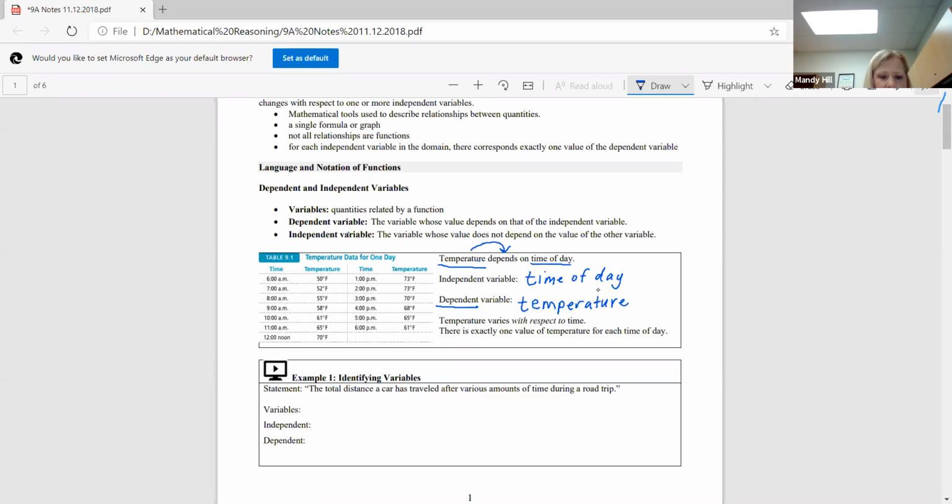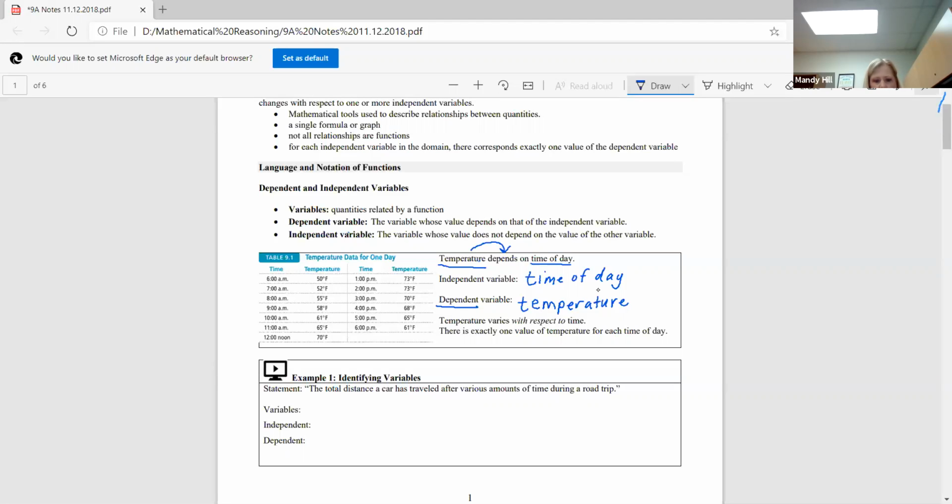So we're going to look at some examples of how to talk about variables here. And the first one says the total distance a car has traveled after various amounts of time during a road trip. The dependent variable is distance.